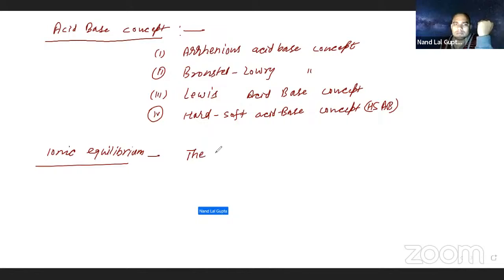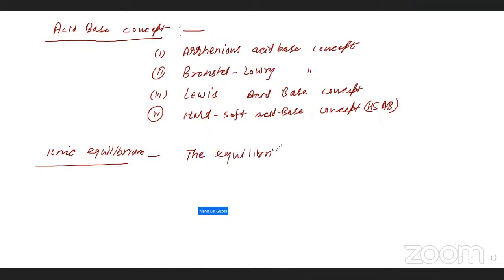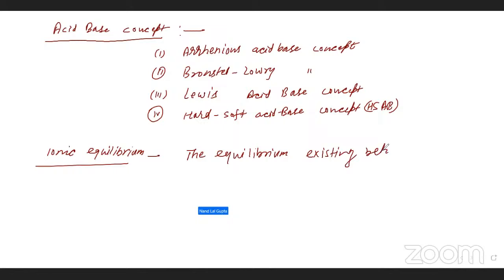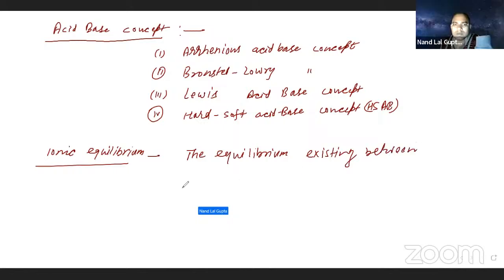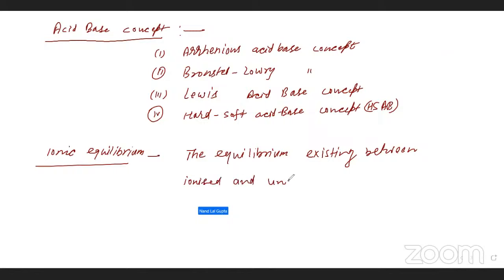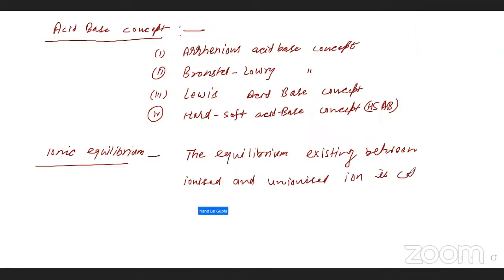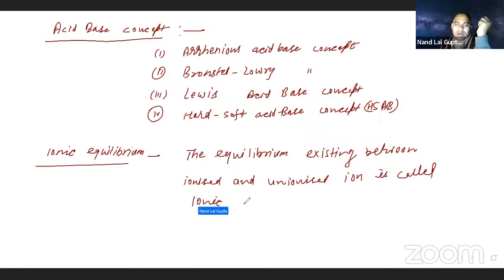The equilibrium existing between ionized and unionized species is called ionic equilibrium.